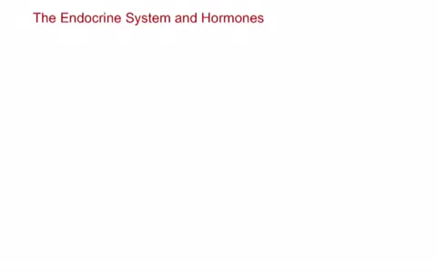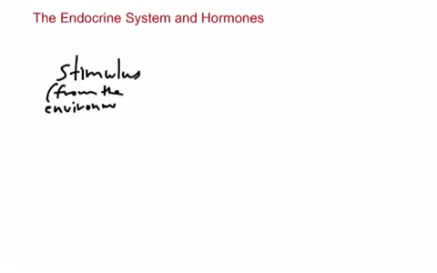So again, let's put it into the context of the stimulus response model, which we focused on in a previous tutorial. You remember that in the stimulus response model, there's some stimulus from the environment. It could be the external environment outside the animal or plant, or the internal environment from inside the animal or plant. Some kind of information that is necessary for the organism's survival.